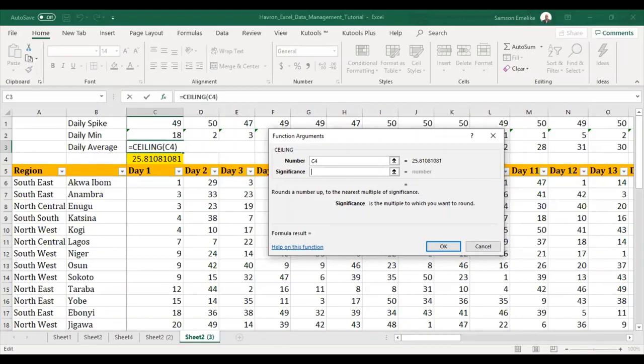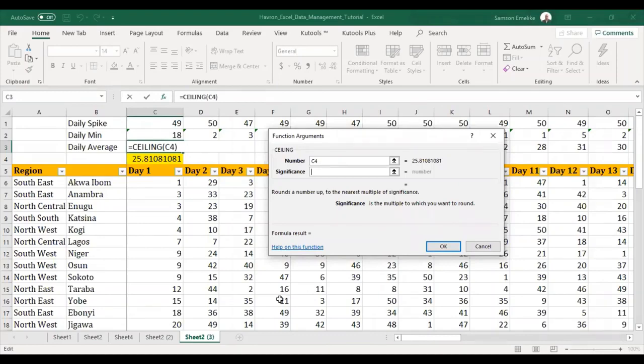So if you have, for instance, 0.001, those two zeros are not significant, but that one is significant. Yeah, that's my own understanding.